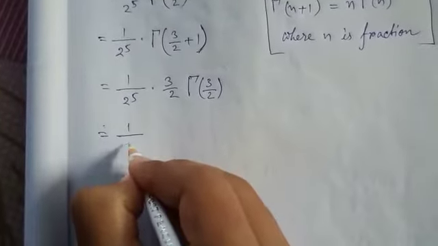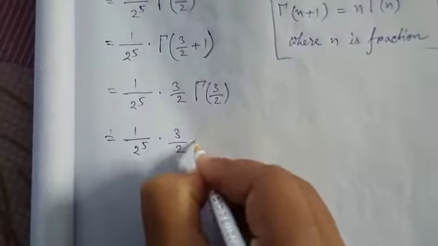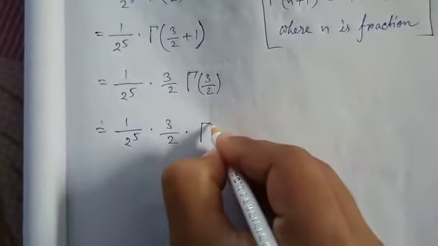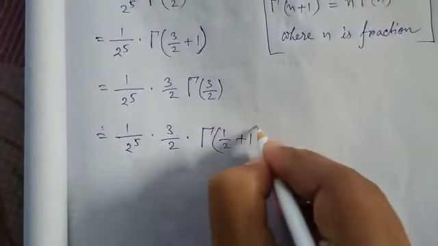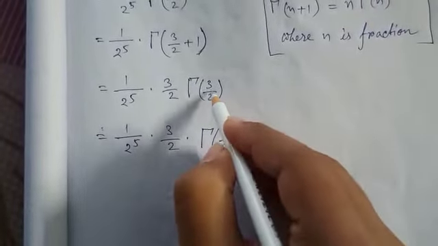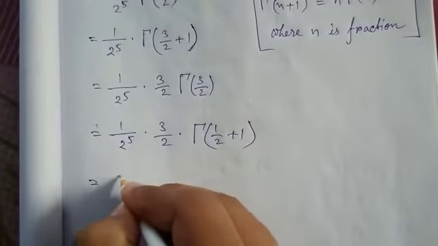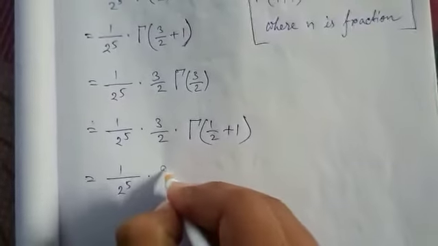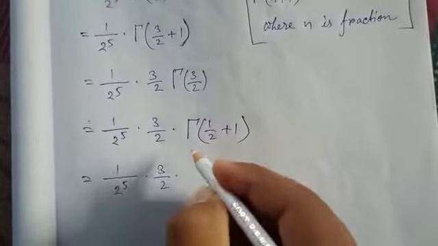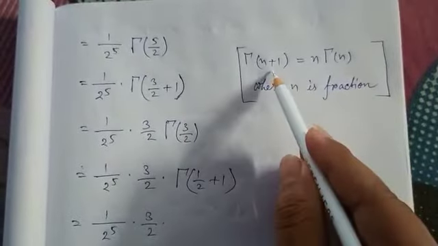1 over 2 to the power 5 into 3 by 2 into gamma of half plus 1, because half plus 1 is just 3 by 2. Again it is just like this.